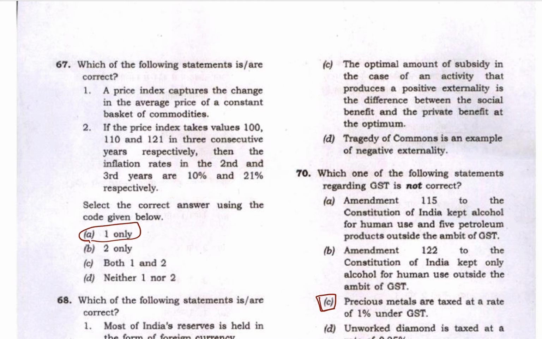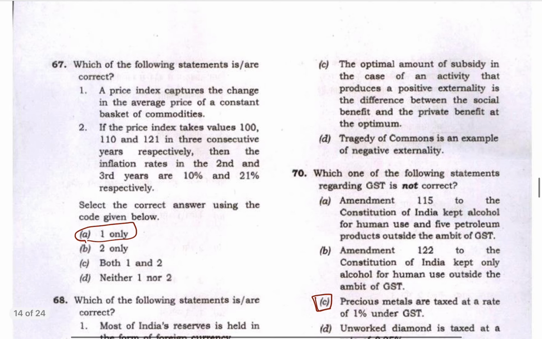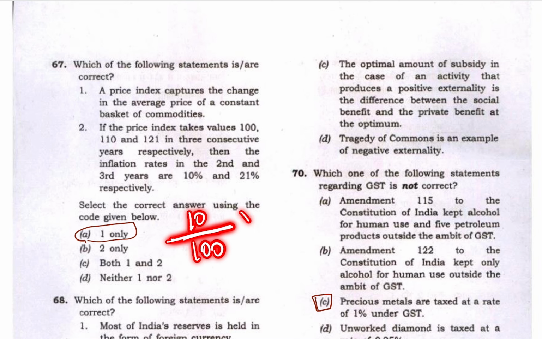So for calculating inflation, we use the base of the previous year, right? Take for example the price index changes from 100 to 110. So the change is 10 over the base of 100, so it is 10%.